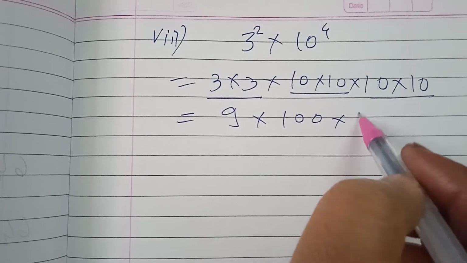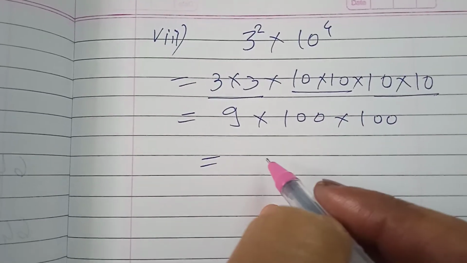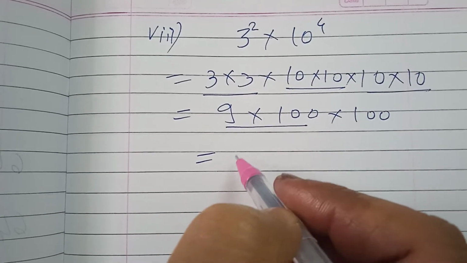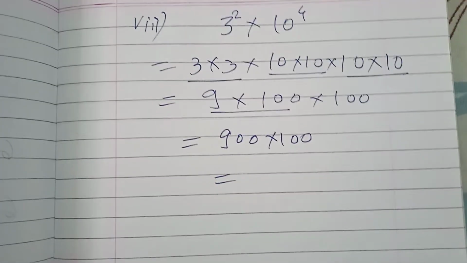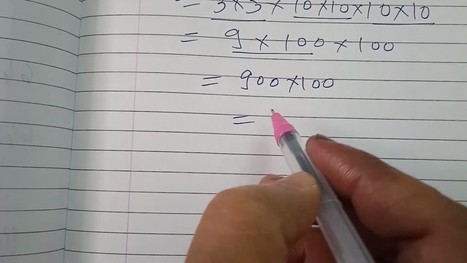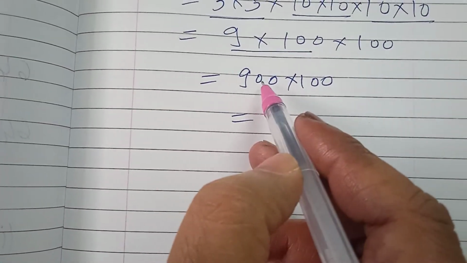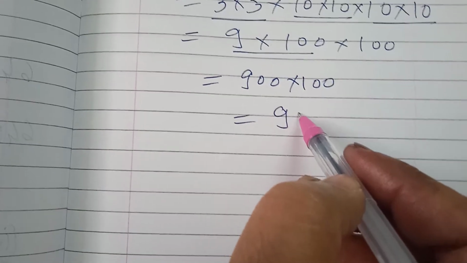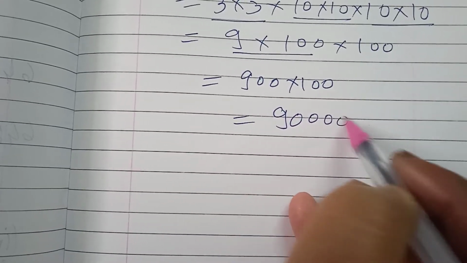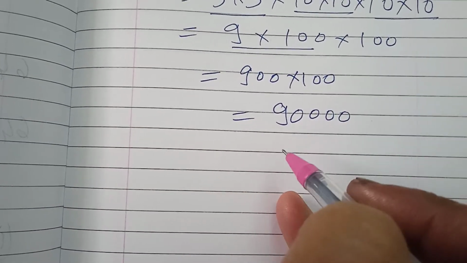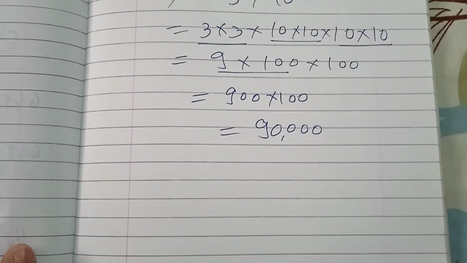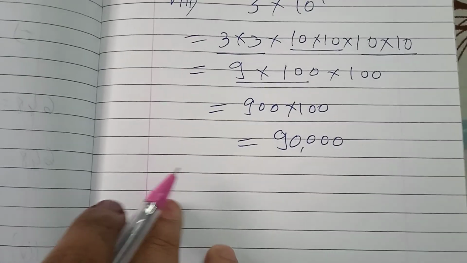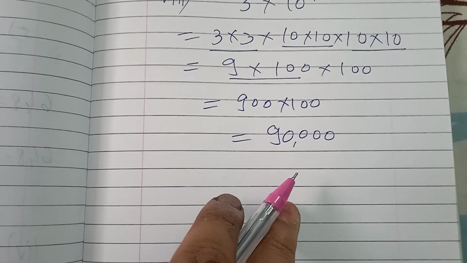Here 10 into 10 means 100. And 9 into 100 into 100 is equal to 9 and how many zeros? 1 2 3 4. With it 4 zeros will come. Means here the value is 90,000. We got the value from the calculation, and it is 90,000.